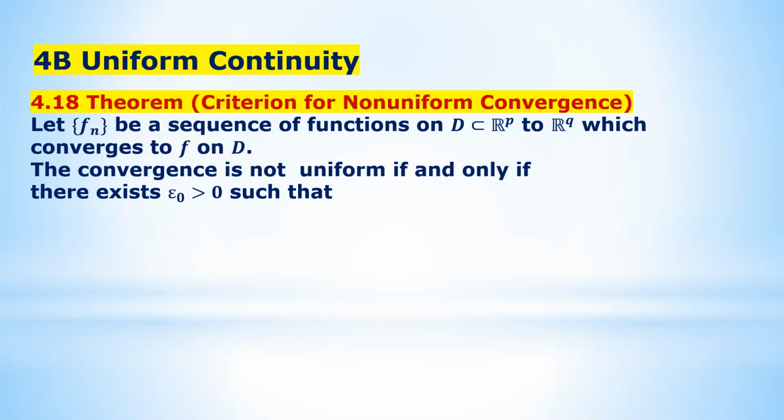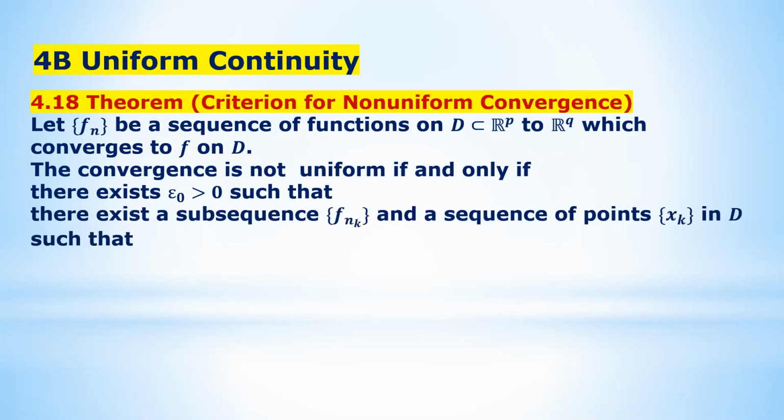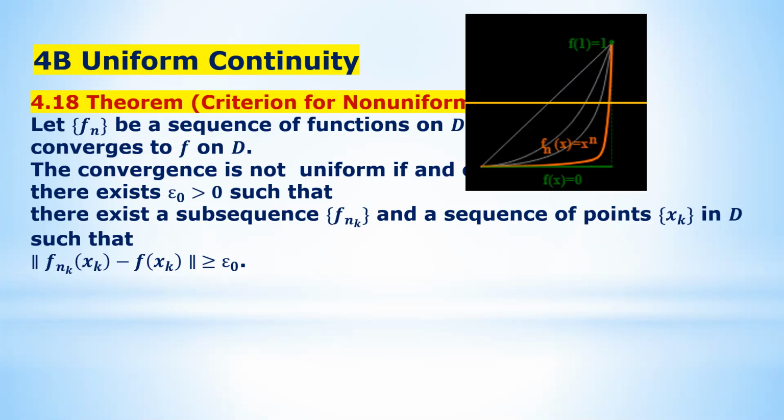There exists epsilon naught greater than 0, such that there exist a subsequence f_{n_k} and a sequence of points x_k, such that the difference at these points is always greater than or equal to epsilon naught. This may be an exercise for you to think about the negation of logic statements.